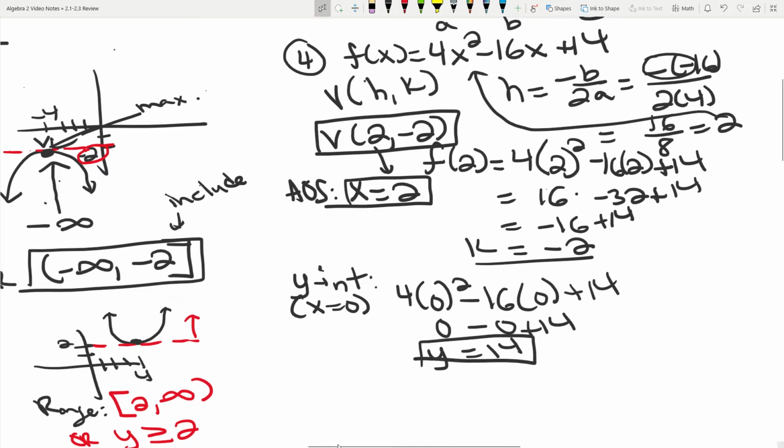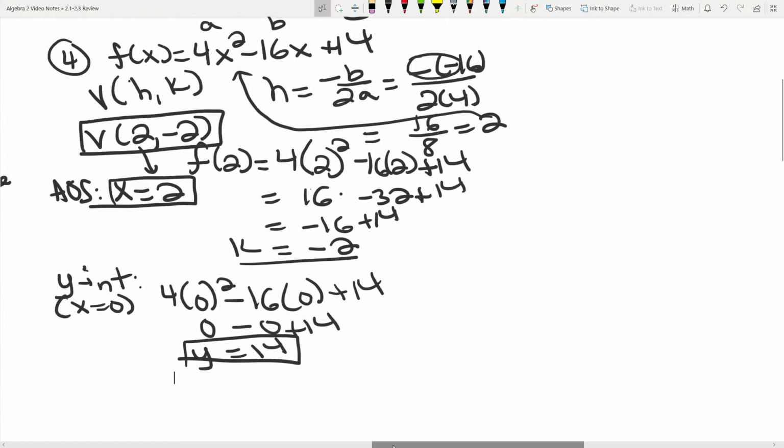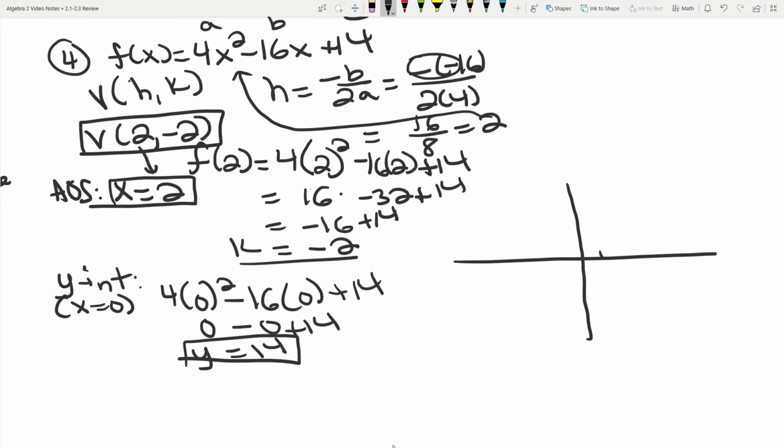Now we can graph this guy. So let's graph him real quick. We got the vertex at (2, negative 2), so the vertex is over here. We know that x is equal to 2 for our axis of symmetry, so we graph it going through here.